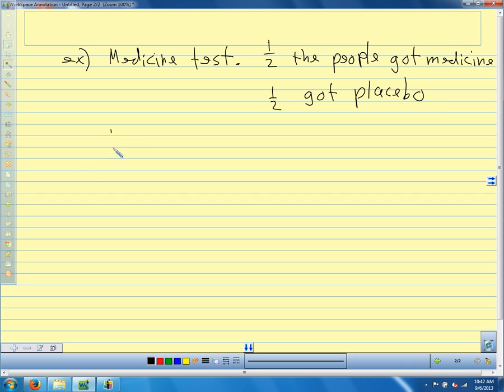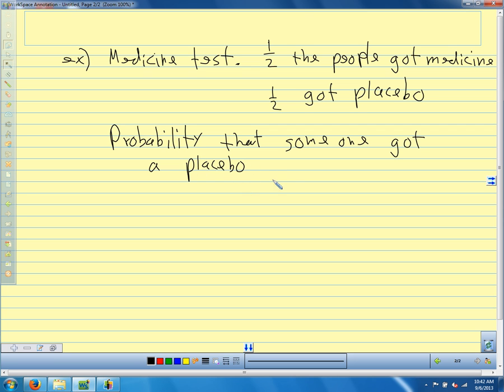The probability that a volunteer got the placebo and got well was 20%.